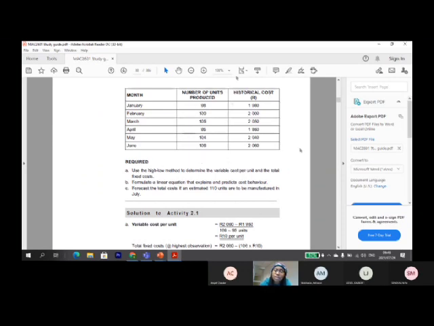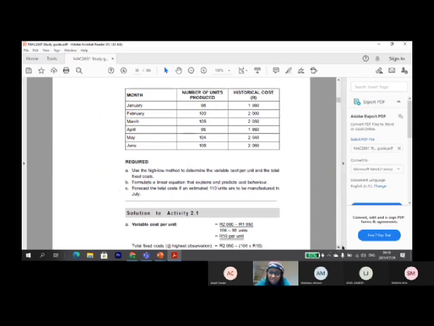Chances are they might ask a high-low question. So try to be cognizant and alert when you're reading your questions, because from reading them you can think, if they ask me, chances are a high-low question is going to come. And lo and behold, it comes here to say use the high-low method to determine the variable cost per unit and the total cost.